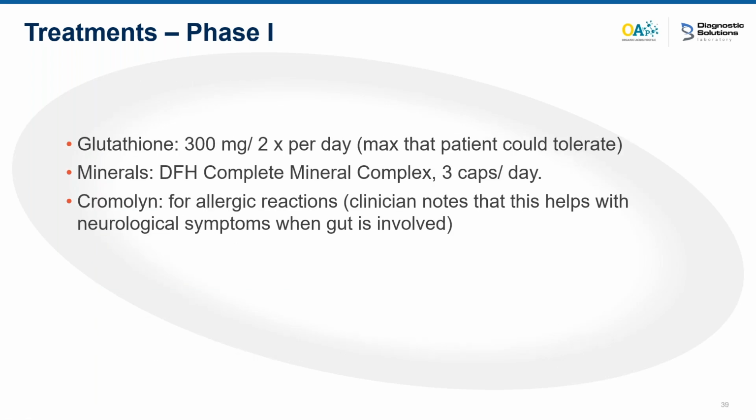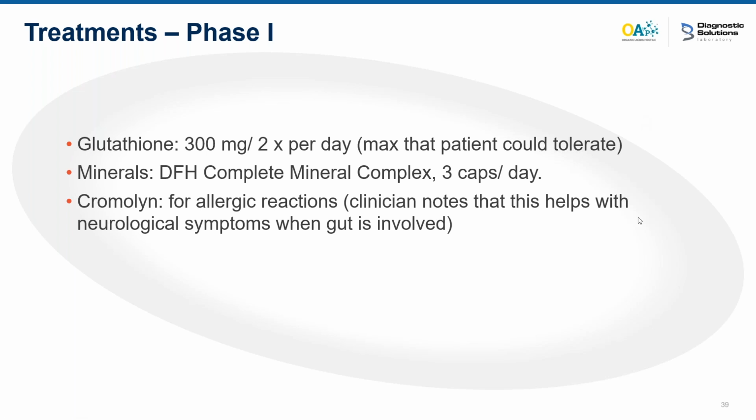Okay, so also with phase 1, the clinician gave her 300 milligrams twice daily of glutathione, which was the most that Dee Dee could handle. She could not go more. She gave the Designs for Health Complete Mineral Complex at 3 caps per day. And she also gave her chromalin. This is for allergic reactions typically. It's a product I heard about early on in my work in this industry when patients had allergies, right?